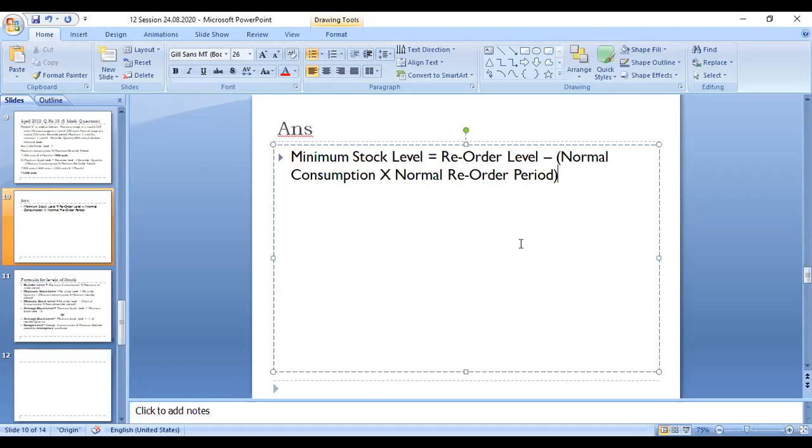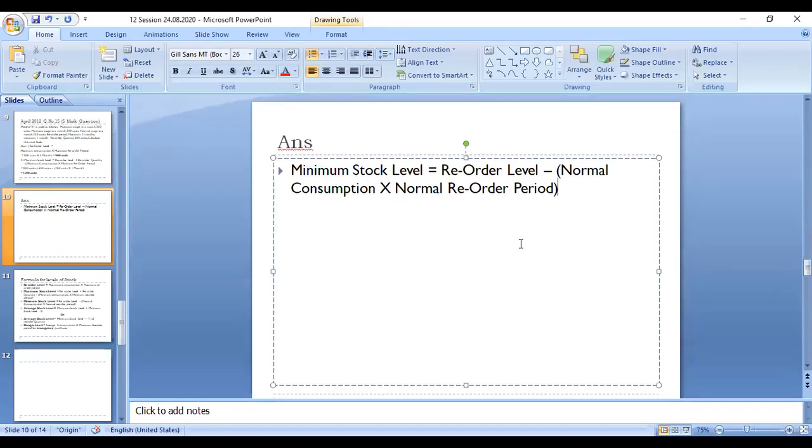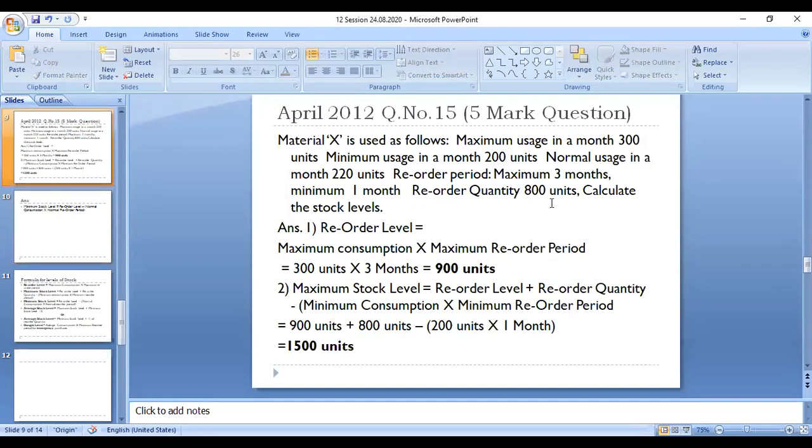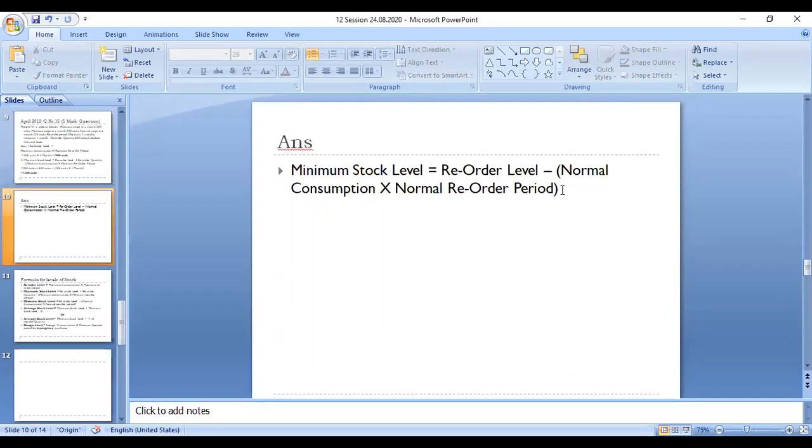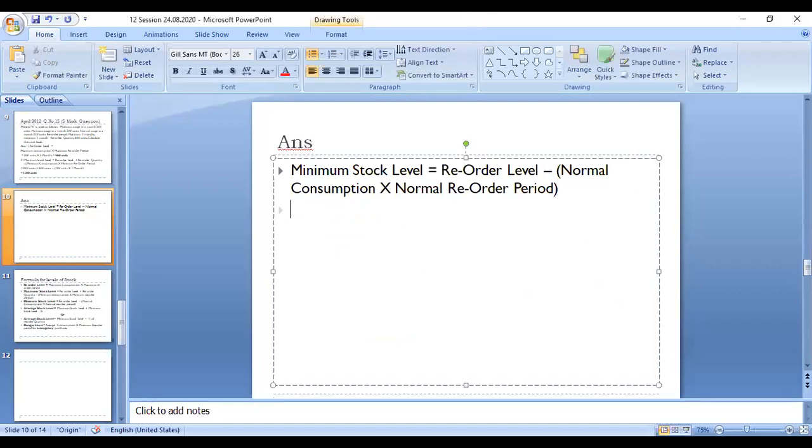Okay, so now you go to the questions. In the questions, the reorder level answer is 900 units. You get it from the previous case, 900 units. That answer is calculated.